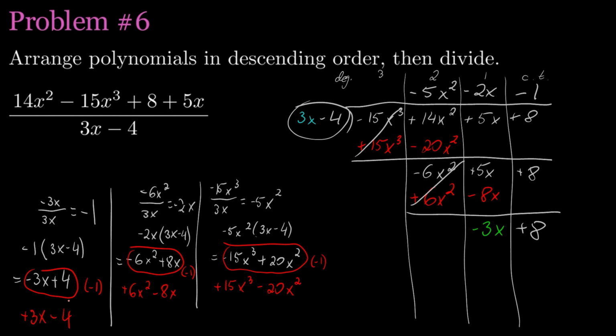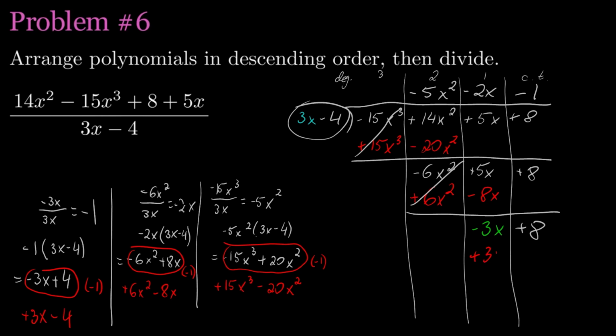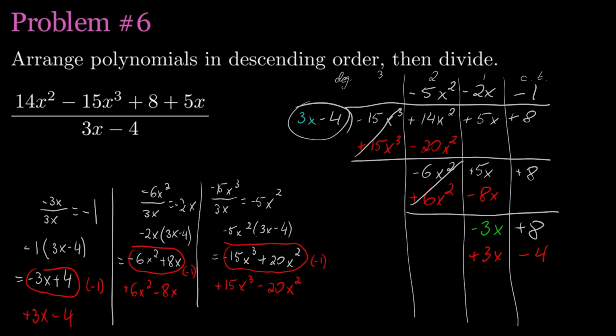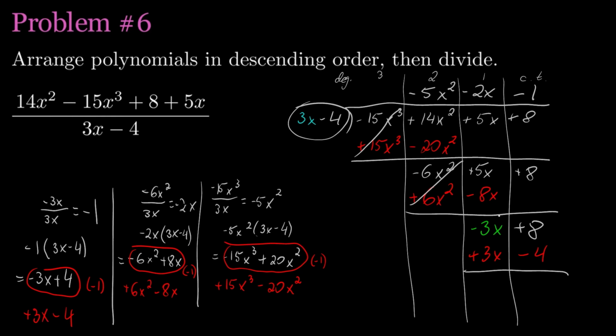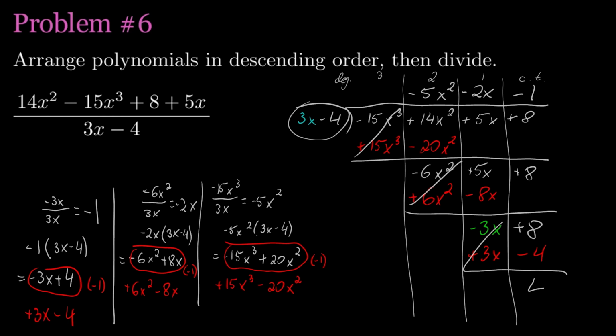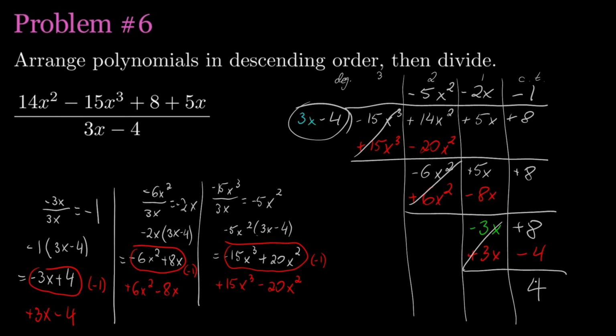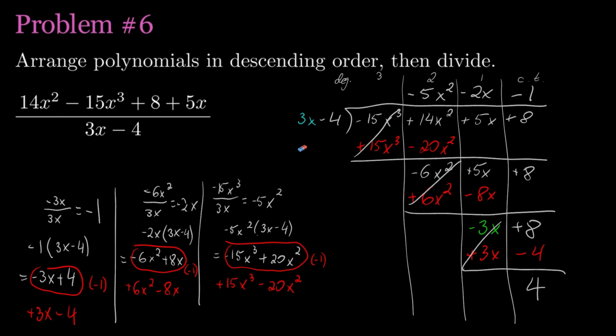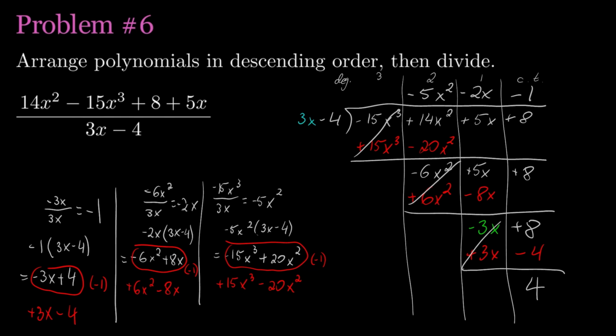Write it that way, using proper columns, of course. Perform the addition. The first two terms simplify. 8 minus 4 is 4, which as a polynomial is of degree 0, which is finally less than 1, the degree of the divisor. And that means we're done with our long division.